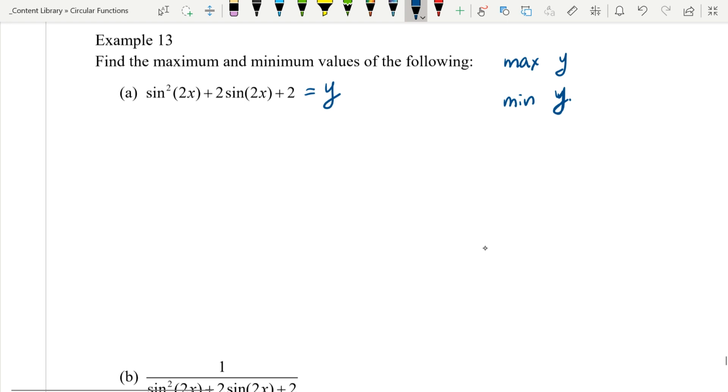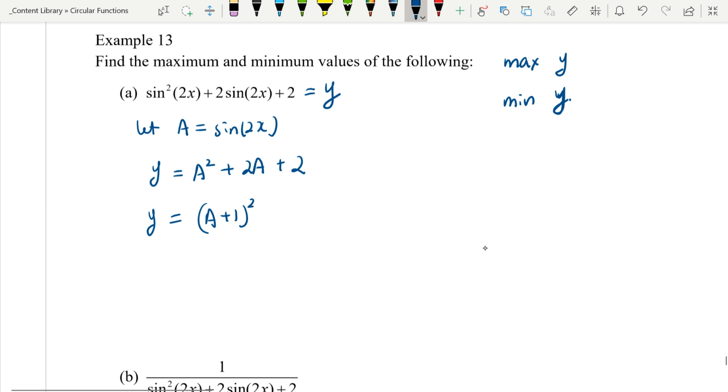So if I let a become sin 2x, y will be a squared plus 2a plus 2. If you want to find max and minimum in a quadratic, what kind of form do you need? Completing the square, so turning point form. So y equals (a plus 1) squared plus 1.